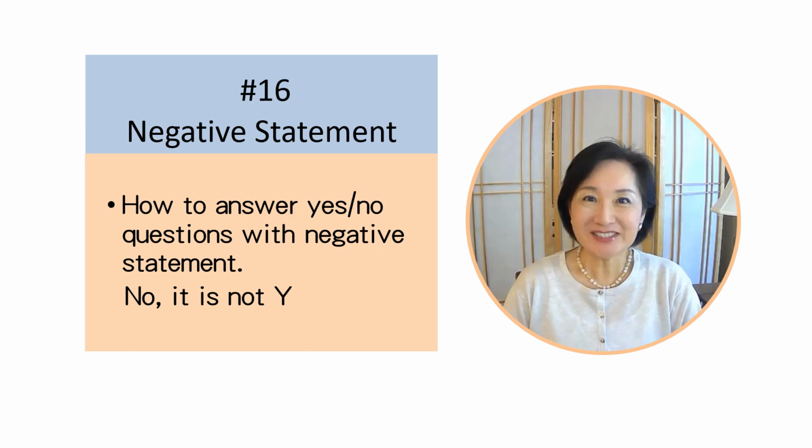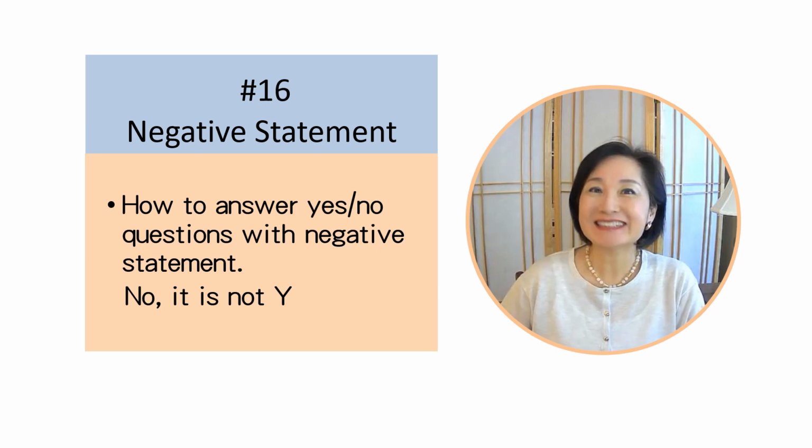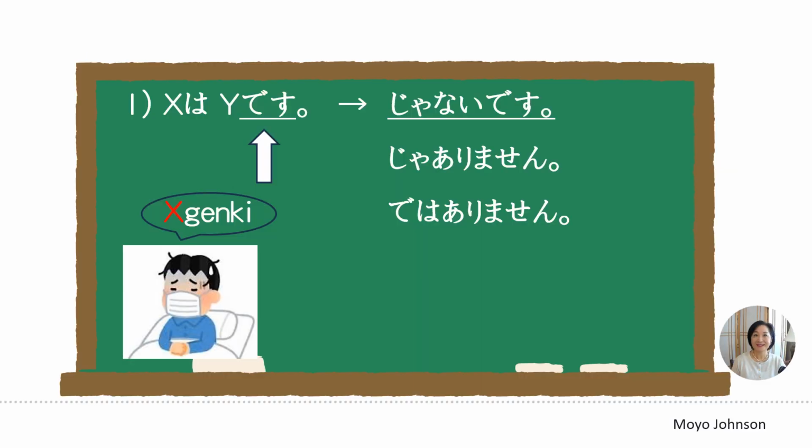So, I'll teach you how to say that in Japanese. So this is how it goes. Repeat after me. 元気じゃないです。元気じゃないです。Great. Let's take a look at the grammar.